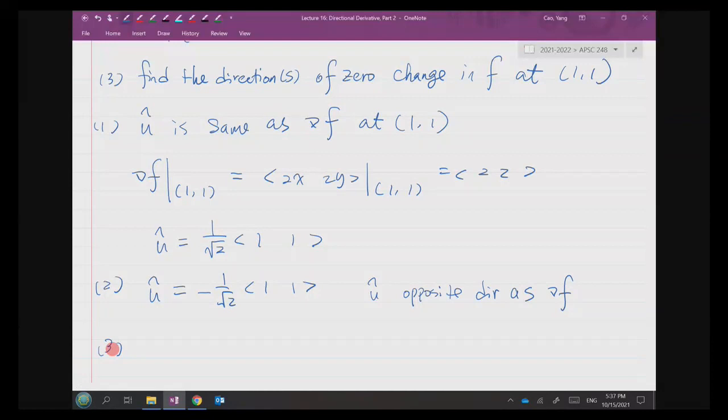The third one asks for the direction or directions of zero change in the function f at (1, 1). So according to the property, what do you want? You want to find a direction u hat that is perpendicular to del F at (1, 1).